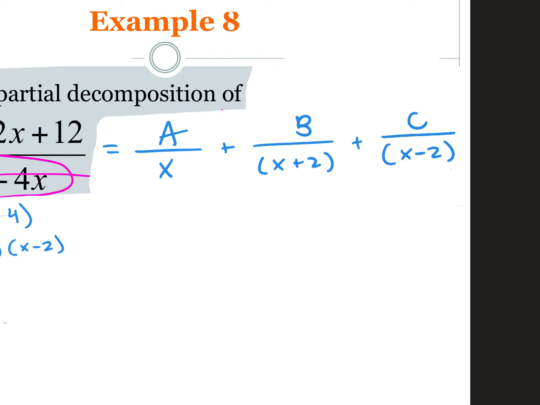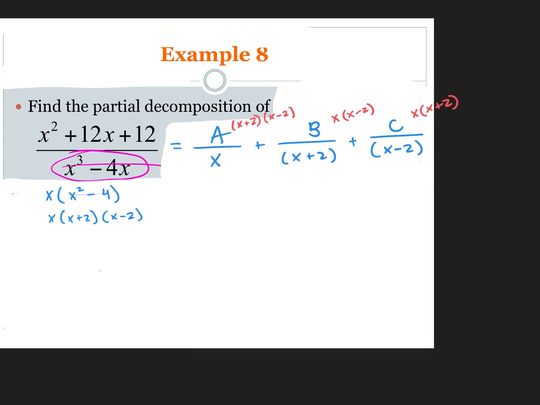So if I have x on the bottom, I'm missing an x plus 2 and an x minus 2. So I'm going to multiply this by x plus 2, x minus 2. If I have x plus 2 on the bottom, I have to multiply this by x and x minus 2. And then in the third one, I have an x minus 2 on the bottom, so I multiply this by x and x plus 2. So we multiply by whatever's missing.